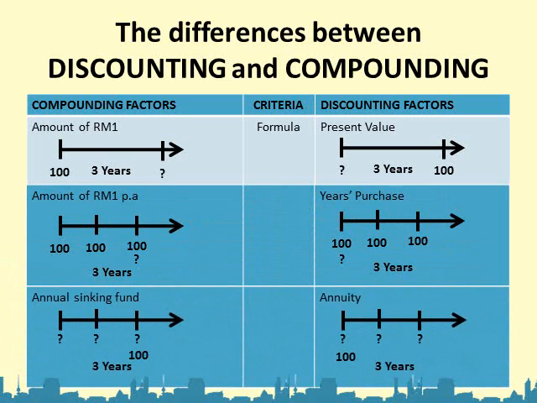Okay, so next is annual sinking fund and annuity. Annual sinking fund is the amount that you deposit every year in order to get a certain amount in the future, whereby normally the sinking fund is used as a fund in property investment, to buy things like equipment or whatsoever.